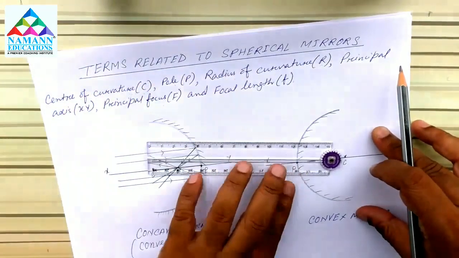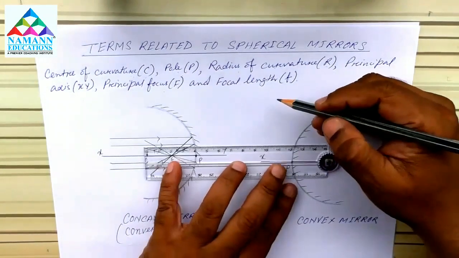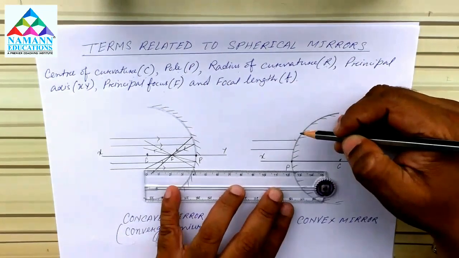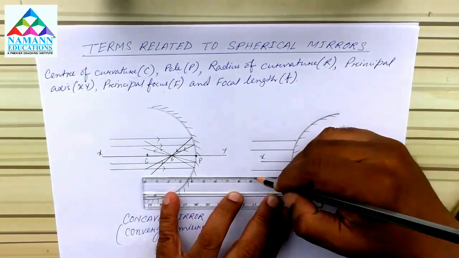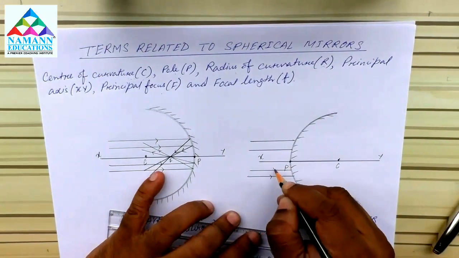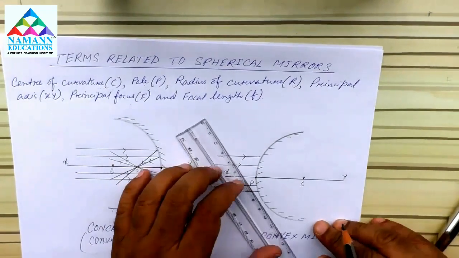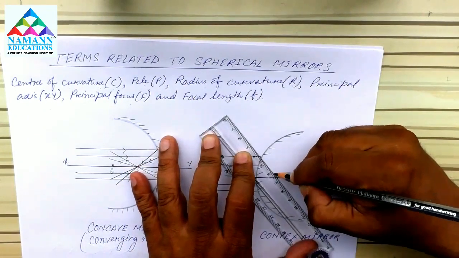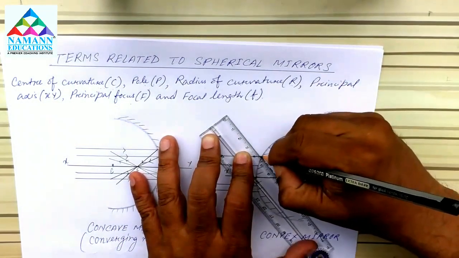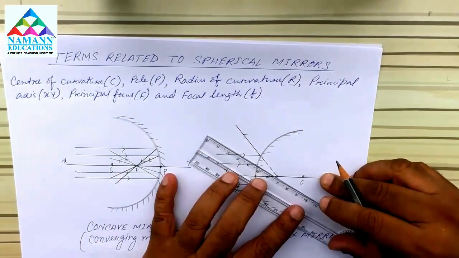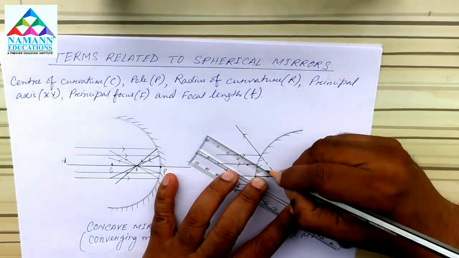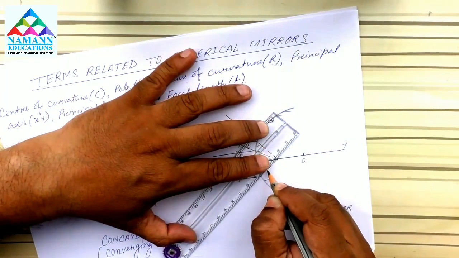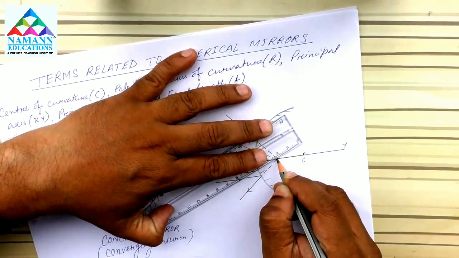Now if I allow a parallel beam of light to fall on a convex mirror, after reflection these light rays will appear to diverge from a point on the principal axis, and this point is principal focus.